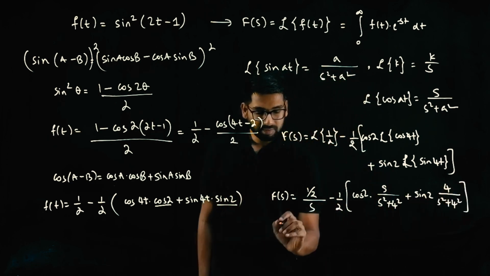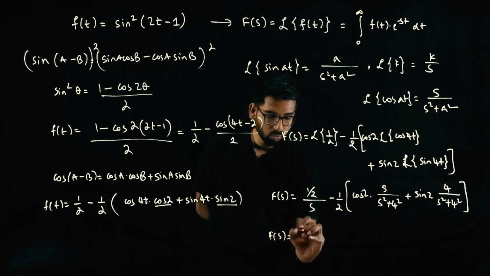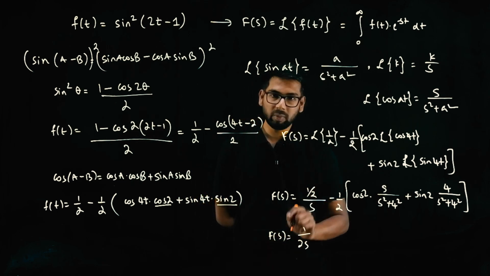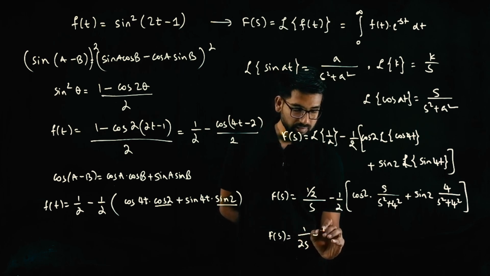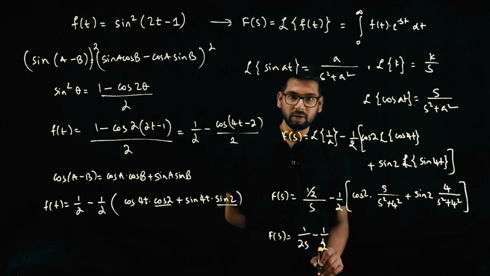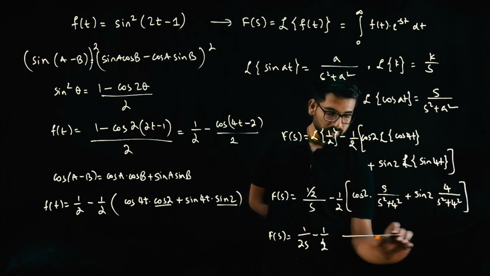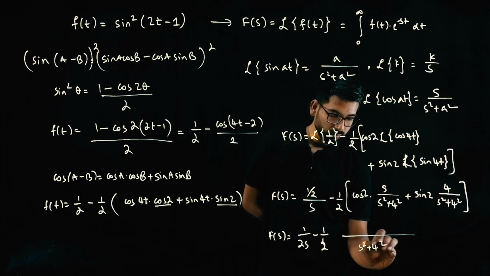Finally, simplifying further, we'll get 1 over 2s, with a 2 in the denominator and this s multiplied, minus 1 over 2. Both denominators are s square plus 4 square, so I'll just keep it as s square plus 4 square.